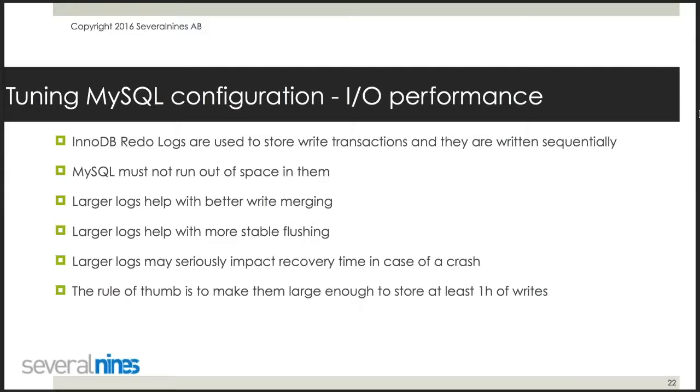The downside of large Redo logs is the fact that they may seriously impact the recovery time in case of crash. The rule of thumb is to make them large enough to store at least 1 hour of writes. But of course, again, benchmark, and you will see what would be the best for your particular setup.